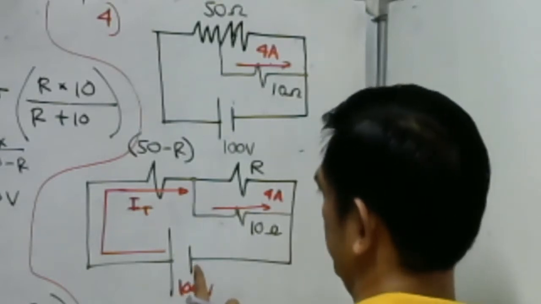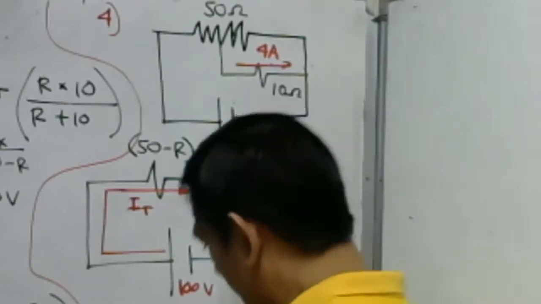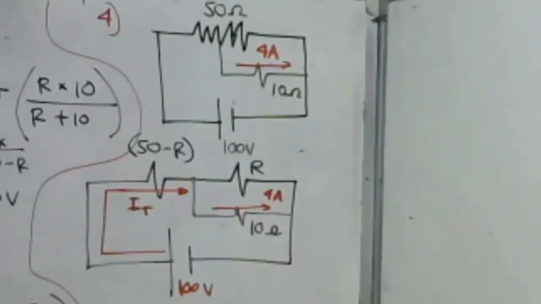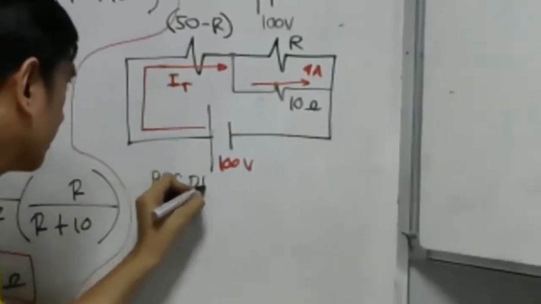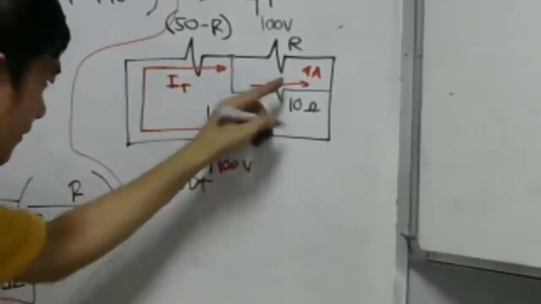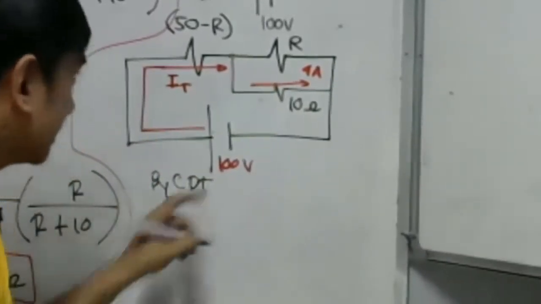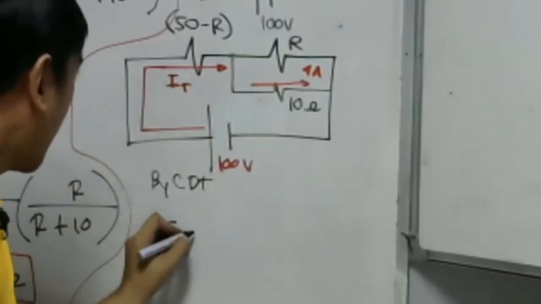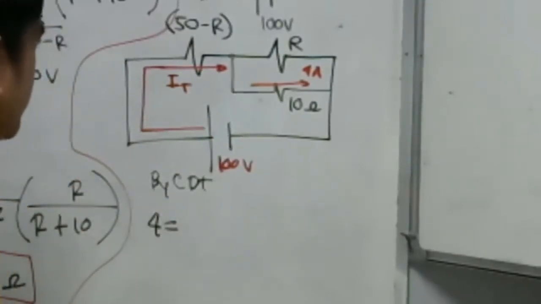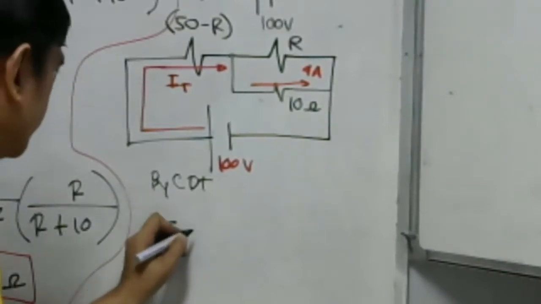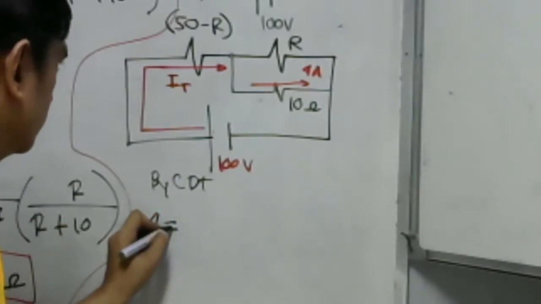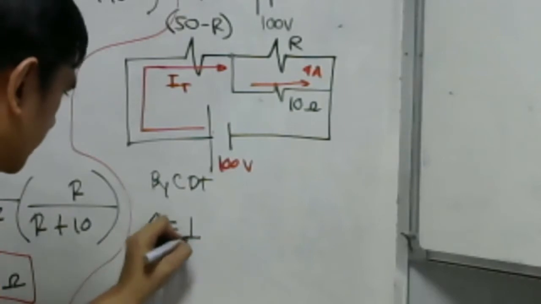Okay? Now, what is the equation for the 4 ampere? By current divider theorem, the 4 amperes is simply equal to the total current IT. Remember this, no? This is our IT. Okay? IT. What is our IT here?